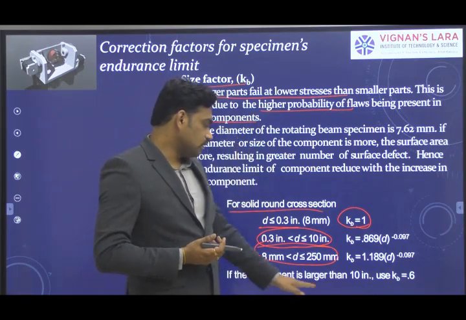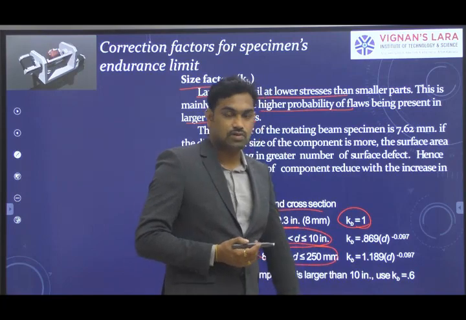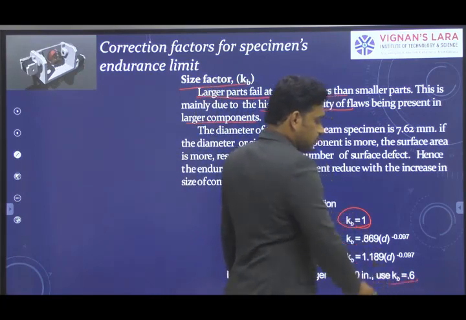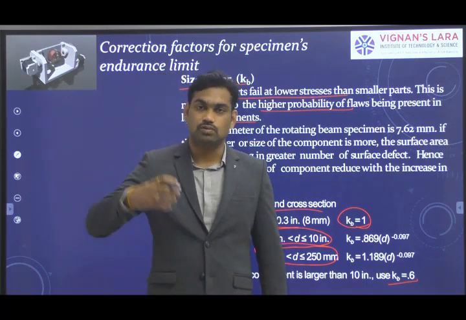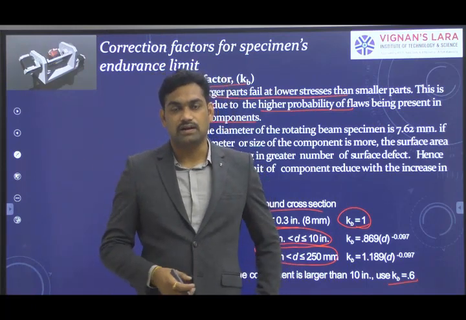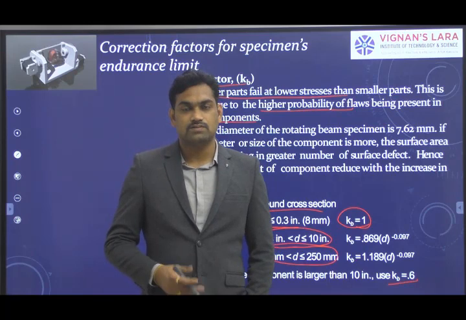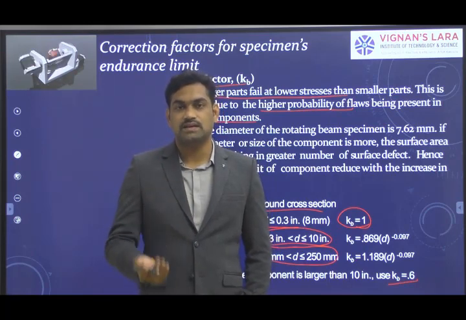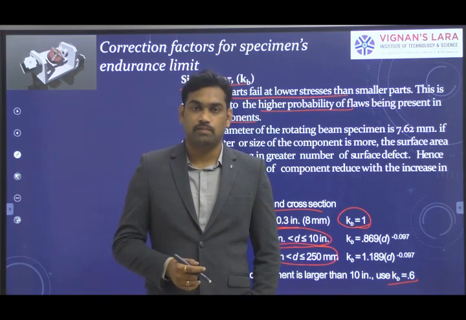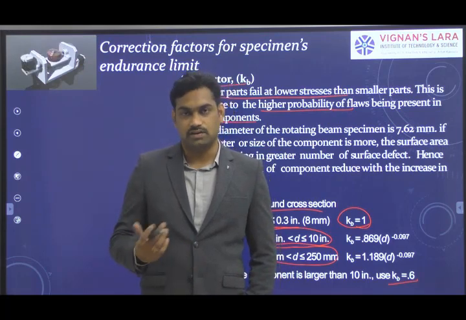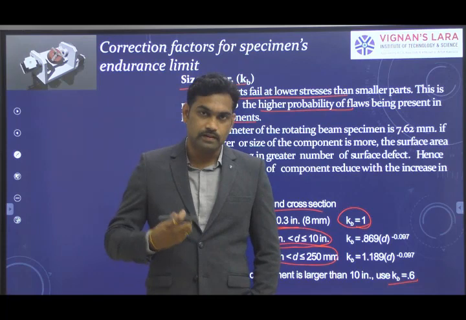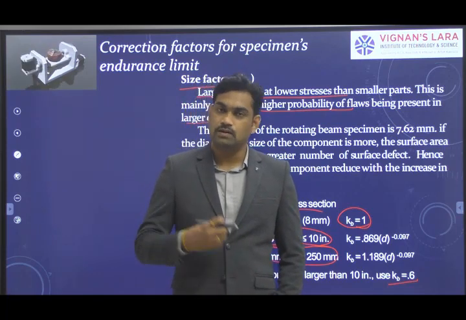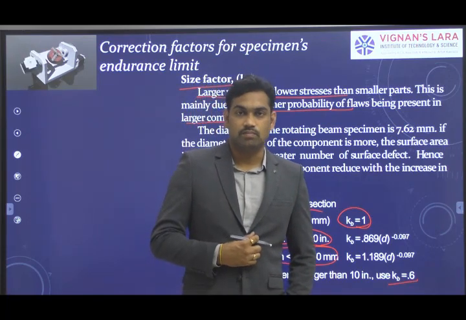If the component is larger than 10 inches, use Kb as 0.6. That is about 40% of the endurance limit we are going to reduce to match with the actual working condition of the component. Clear? Whenever the size increases, the probability of flaws is also greater, which reduces the fatigue life of the component, so we reduce the endurance strength of the test specimen to the actual working component.